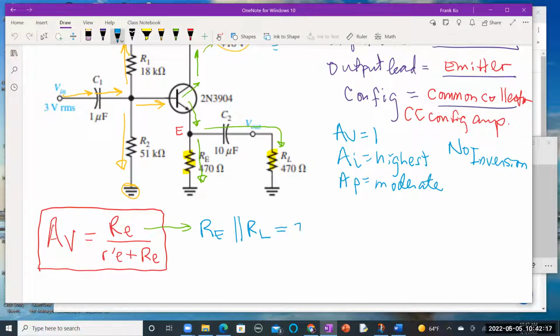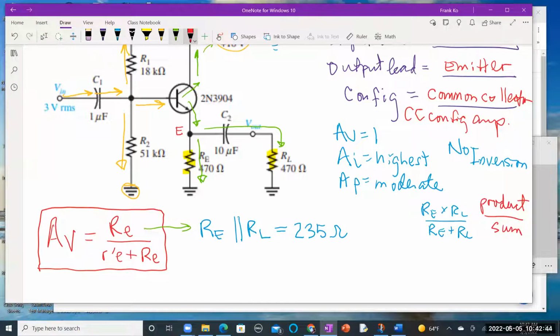I'm not brilliant. There happens to be a shortcut. You were doing product over sum, which is fine. You were doing RE times RL over RE plus RL, and that is known as product over sum, and nothing wrong with that.